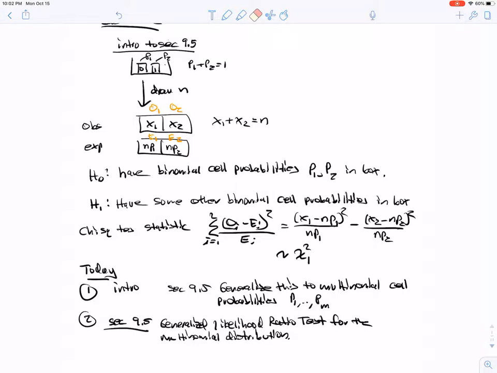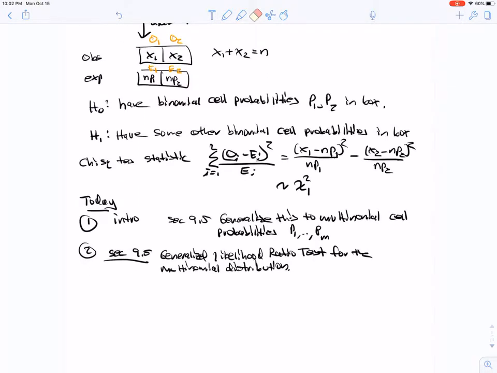Then we looked at a chi-square test statistic that was equivalent to chi-squared with 1 degree of freedom. Today we're going to continue our intro, generalizing from binomial to multinomial cell probabilities, p1 to pm. And then actually start section 9.5, called the generalized likelihood ratio test for the multinomial distribution.